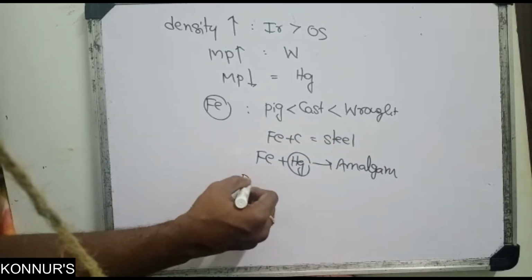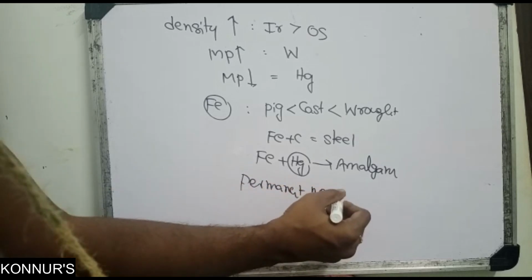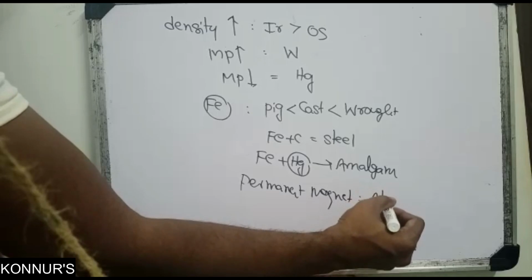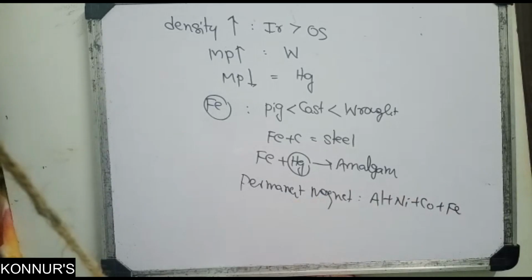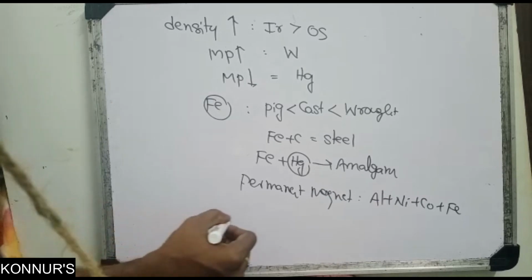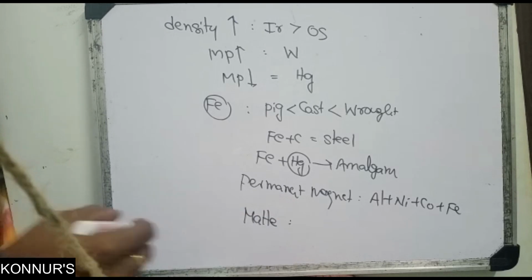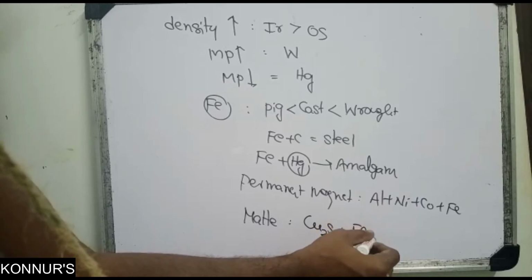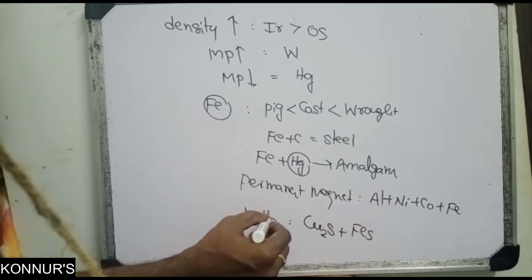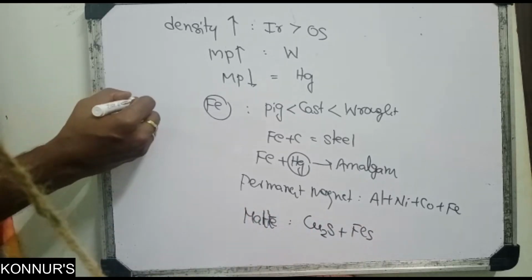Next, permanent magnet. Permanent magnet means alnico, a combination with iron. Next, matte. That is a combination of copper sulfide and iron sulfide. It's called matte. Next, blister copper.